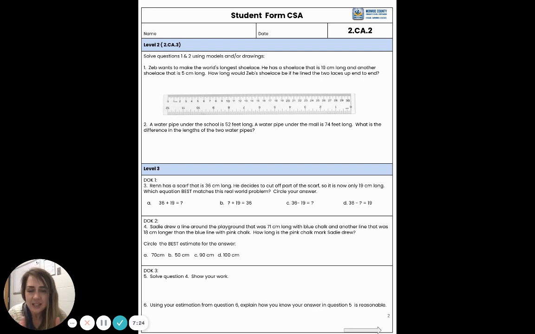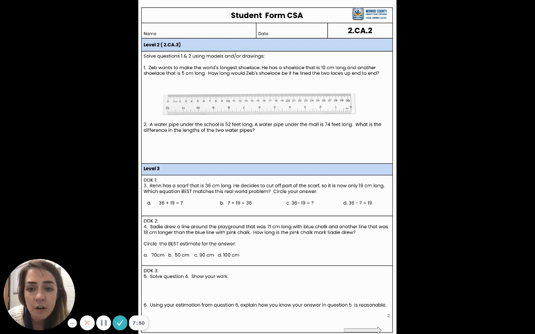Then he cut some off. That sure sounds like maybe it's subtraction. Now it is now only 19 centimeters long. So he had 36, he cut some of it off, and now he has 19 centimeters left.